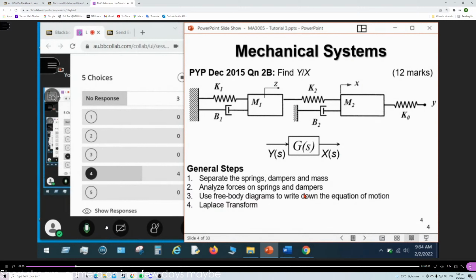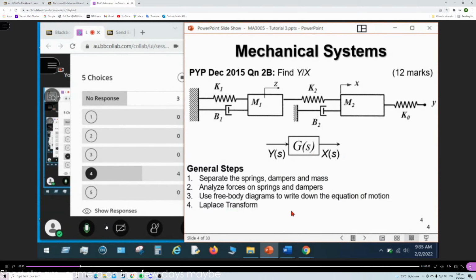This is quite similar to the procedure in many courses. For example, in MA 2002 TON, we also do this, right? We separate all the links, analyze the links, draw the free body diagram, and then set up the equation, by the second law equation or D'Alembert principle. Remember, many of you, not all of you, did MA 2002 TON.